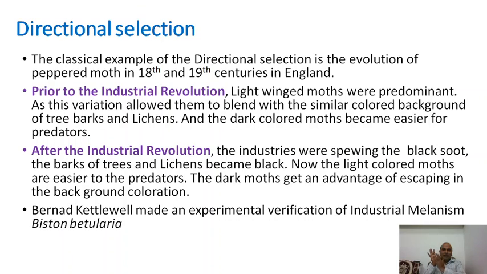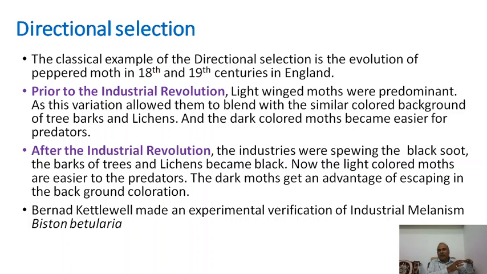When the grey colored peppered moth rests on a black colored background, it is now easily identifiable by its bird, so in the interspecific struggle these are defeated. And those individuals with black colored wings, once defeated prior to the Industrial Revolution, are now favored, because the black winged peppered moths are not identifiable by their predators, as the background is also black. You see what has happened to nature.